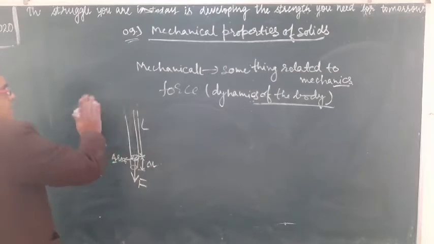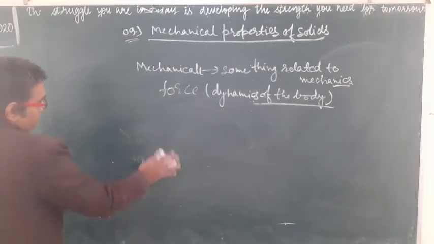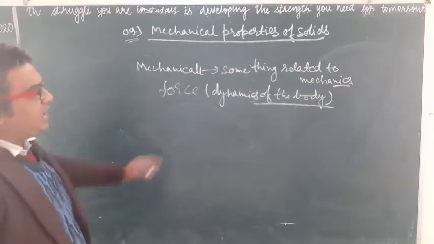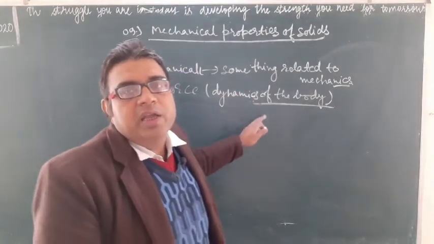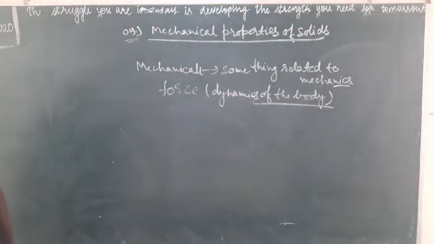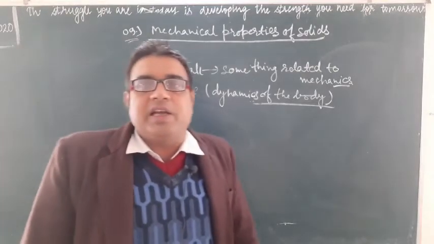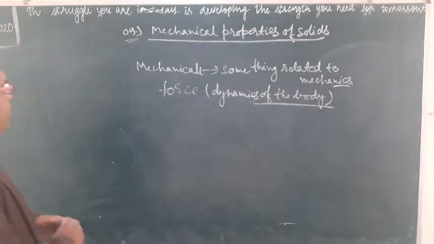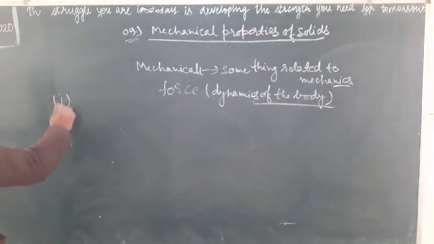On the basis of the mechanical force applied on the body, bodies, rigid bodies or solid bodies, can be classified into 2 categories. The first one is the elastic body.